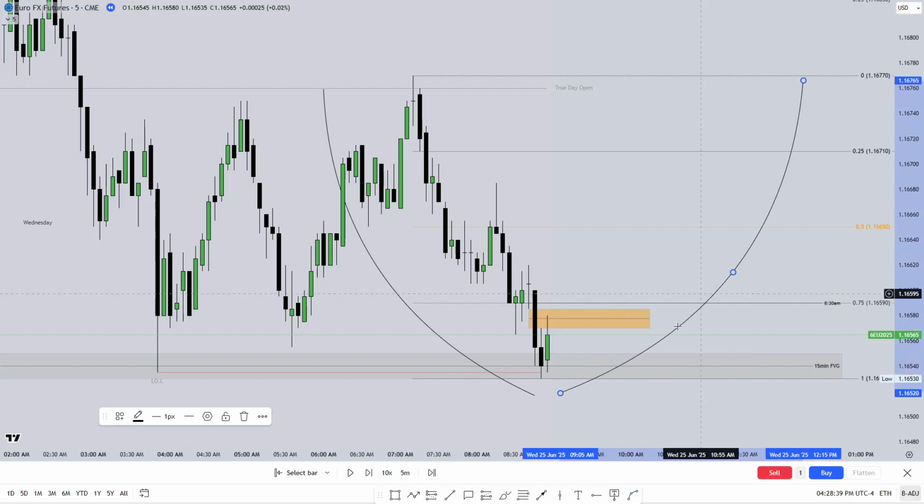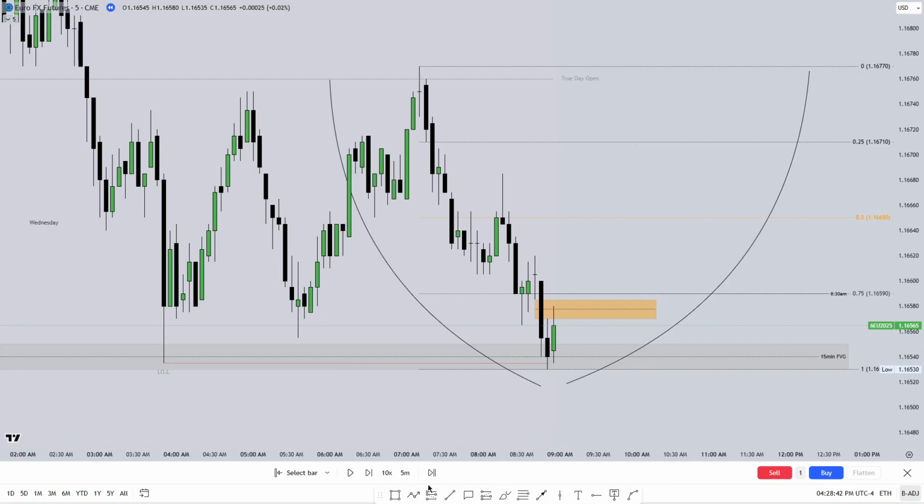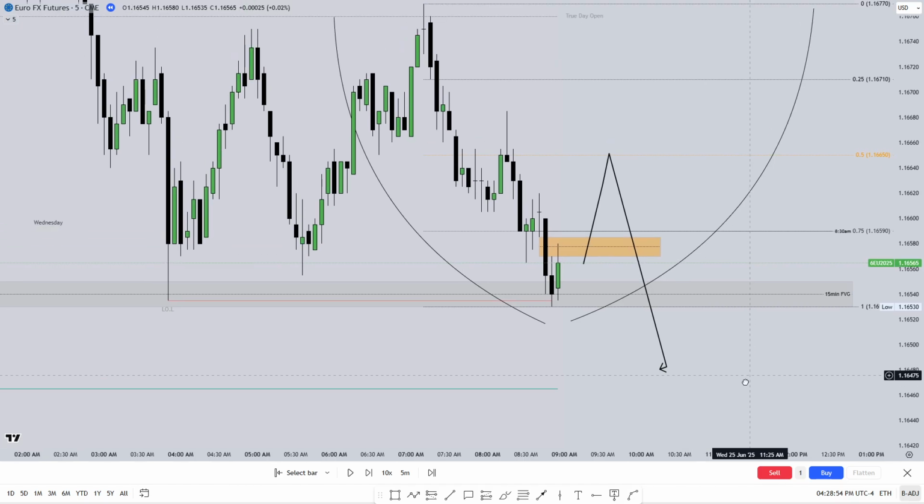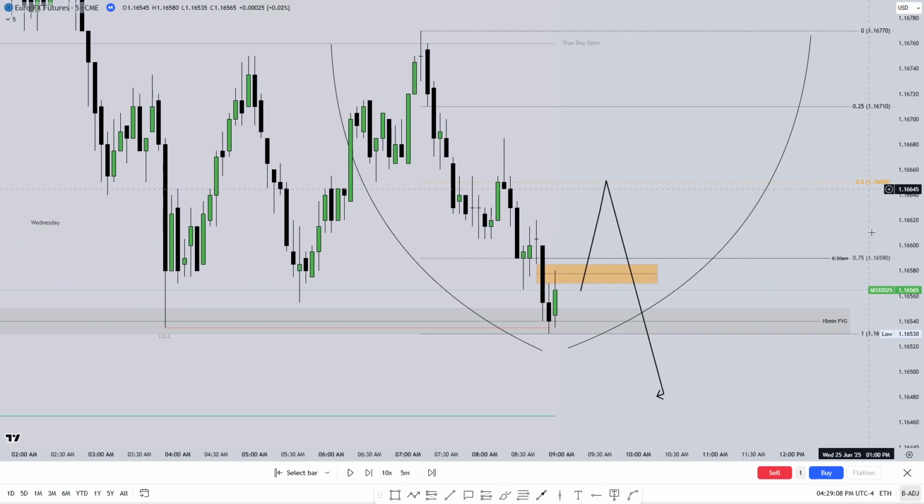What is going to give us more confidence that this is actually going to form and we're not just going to do something like this, like go take out this little high right here or this little high right here and then just dump and keep going lower towards that previous day low or something like that, is we want to see our three PD arrays that give us that confidence and that reassurance that we are changing from a market maker sell model into a market maker buy model, right?